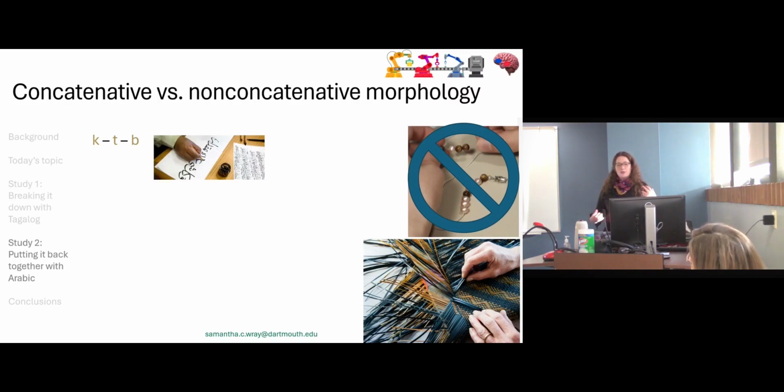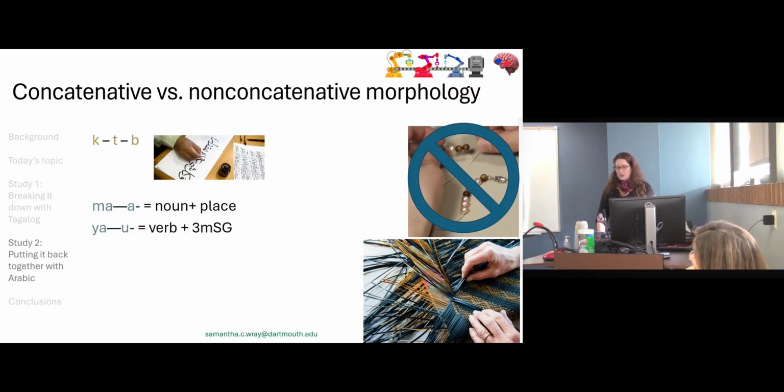But it has with it the semantics of writing. Now, no part of speech, so not writing as a verb, not writing as a noun, just writing. And it needs to be interleaved with these other morphemes in order to make words. So here, man are a noun place, yanu are a verb and he. So once you've interleaved those, then you get the words office or he writes.